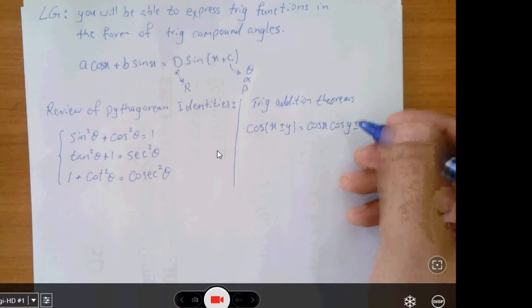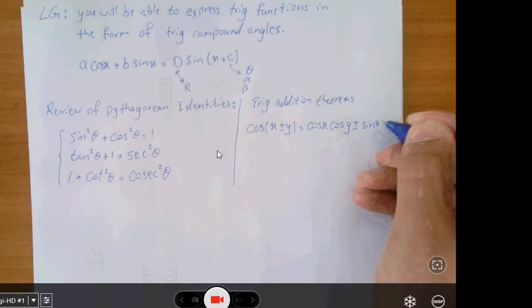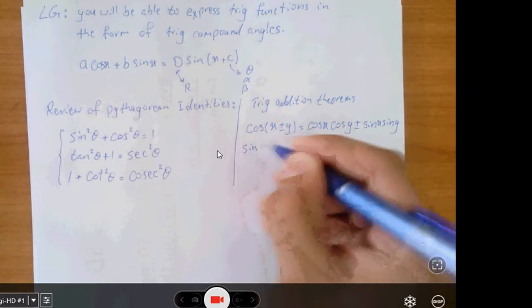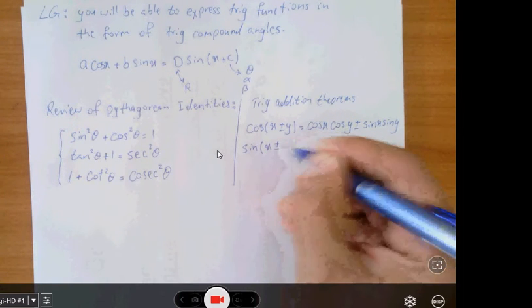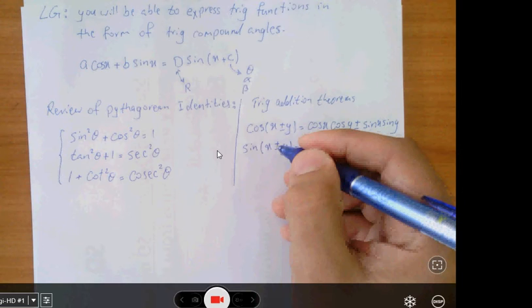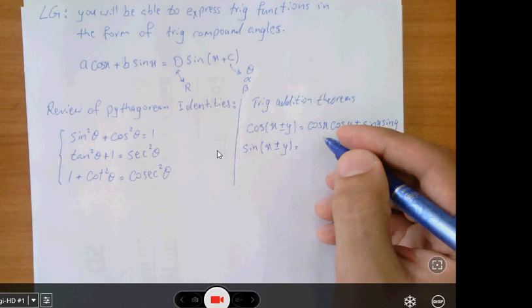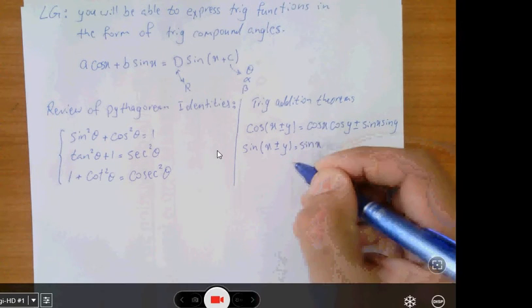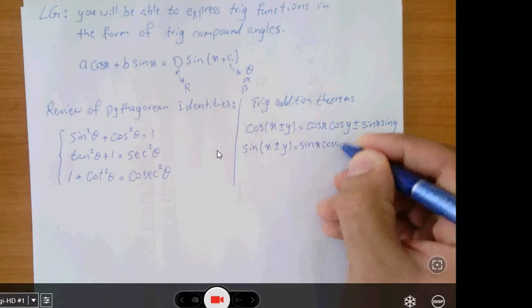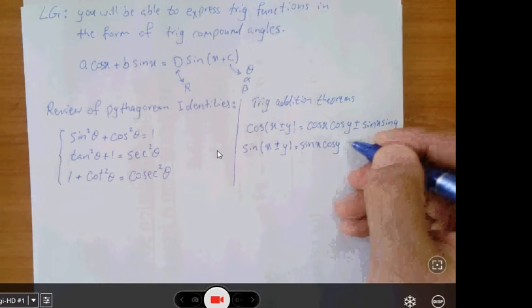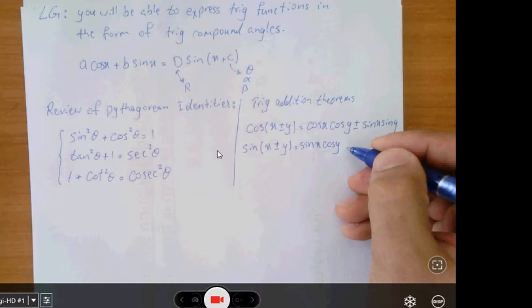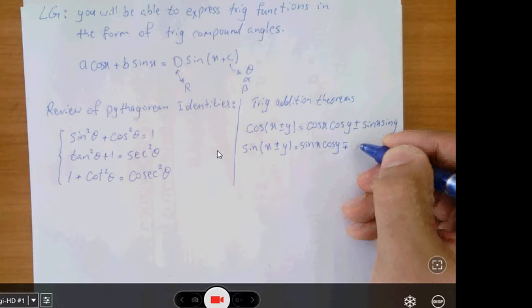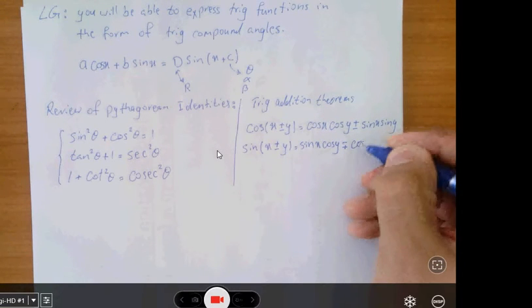Another one we had was for sine. So we had sine of x plus minus y equals, same story, sine x cos y, plus minus. Was that plus minus or was it minus plus? Minus plus? Very good. So minus up the top, plus down the bottom. And I have over here cosine x and sine y.